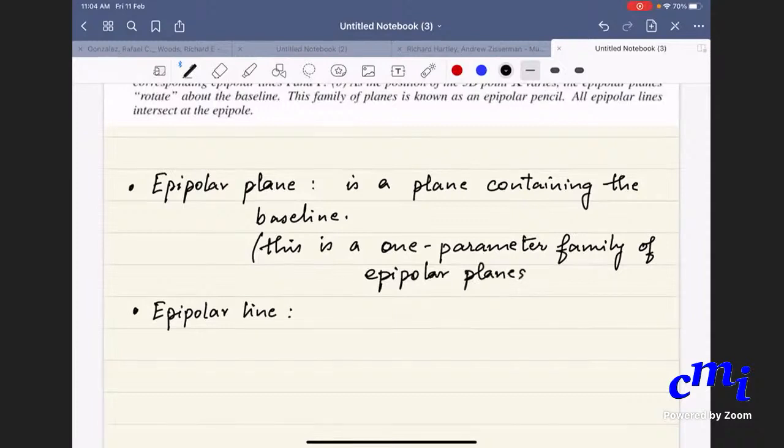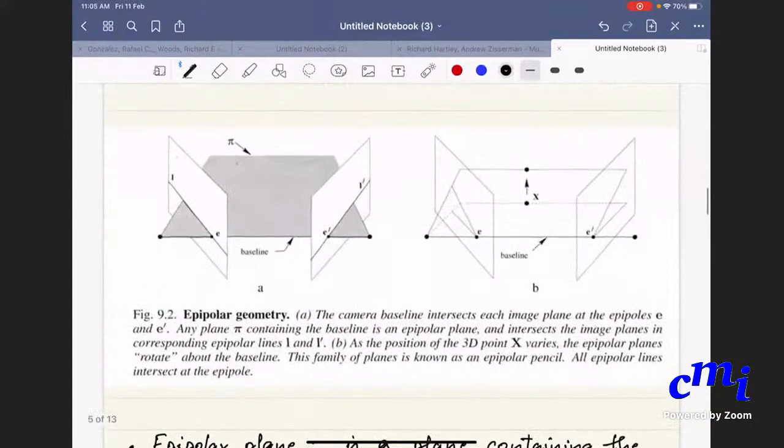A one parameter family is sometimes called a pencil, so you will come across this word from time to time. Is it clear what the epipolar plane is? If you fix this scene point X, then the epipolar plane is fixed. Otherwise, it is just this entire family of planes that passes through the baseline.